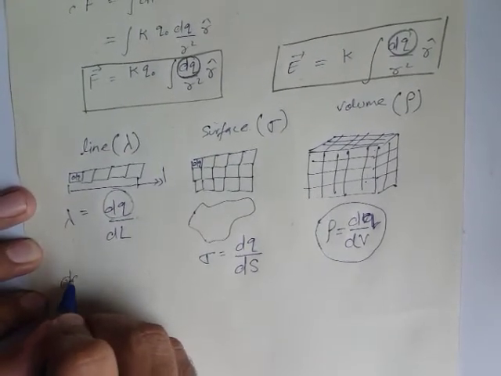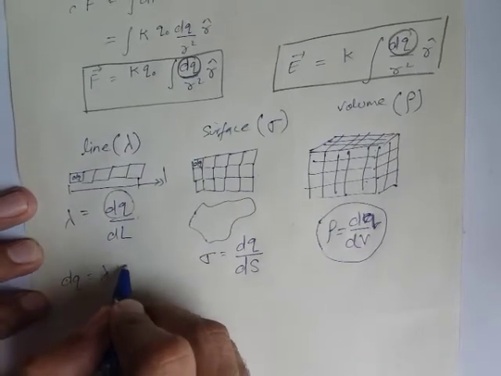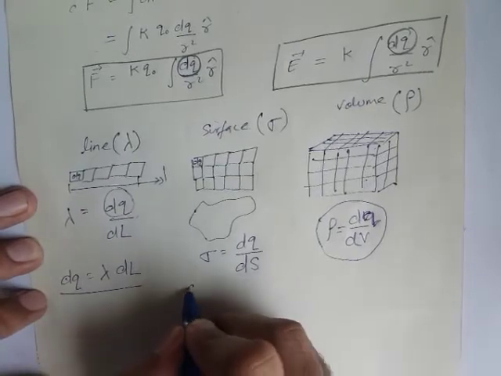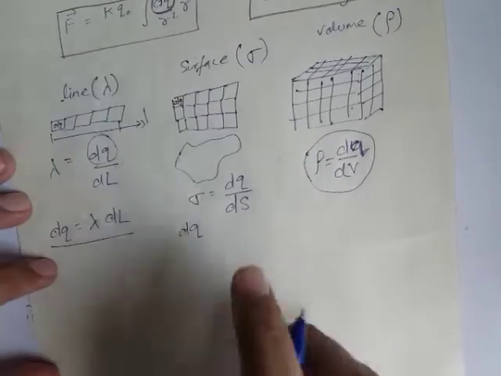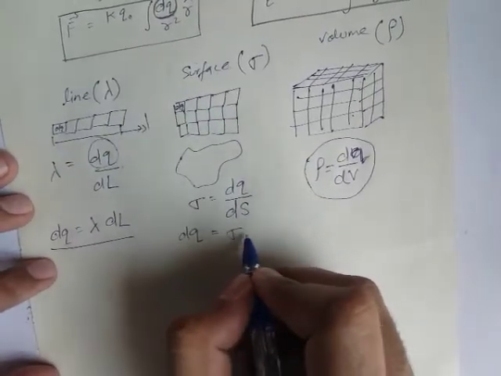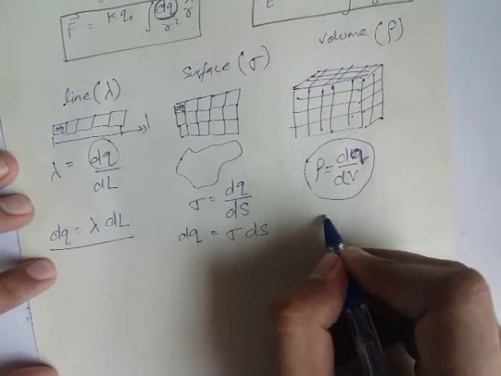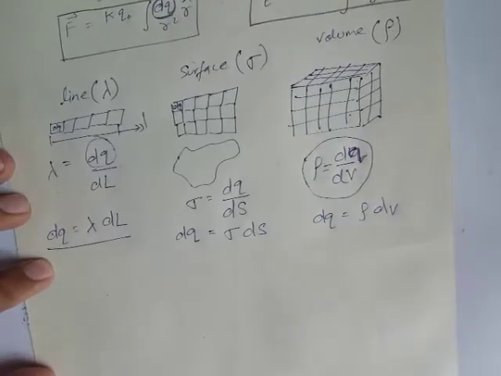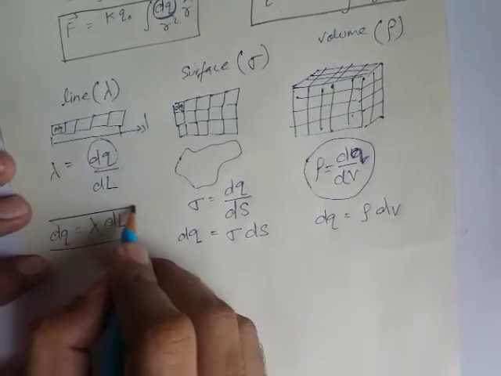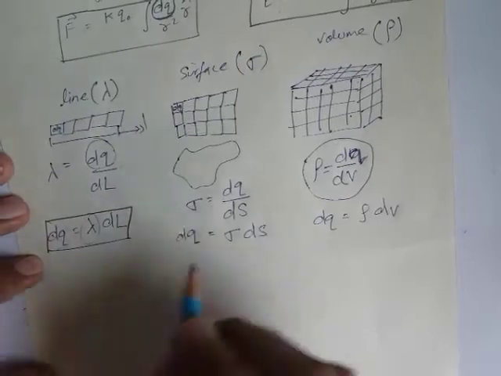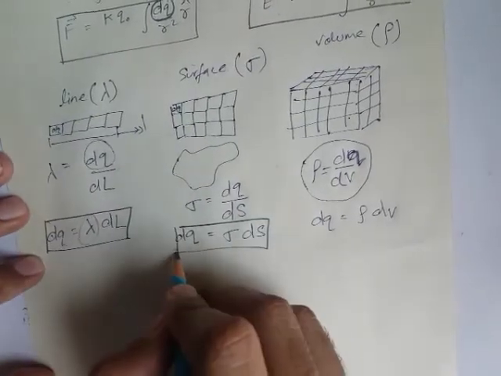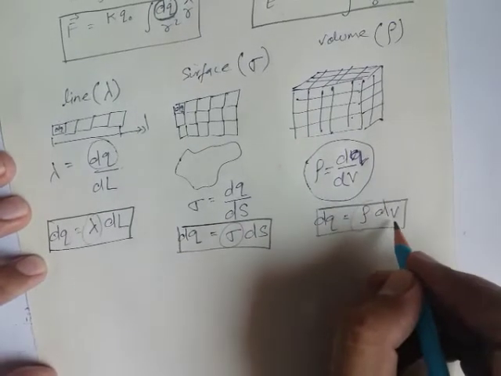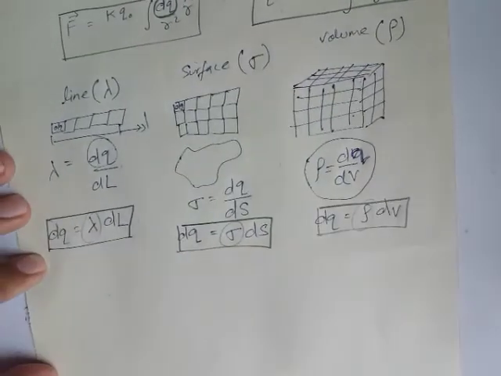The small charge in linear charge density is lambda into its length, dq equals lambda dl. Same way, dq equals sigma dS. Same way, dq equals rho dV. We get these three distributions: lambda for line, sigma for surface, and rho for volume.